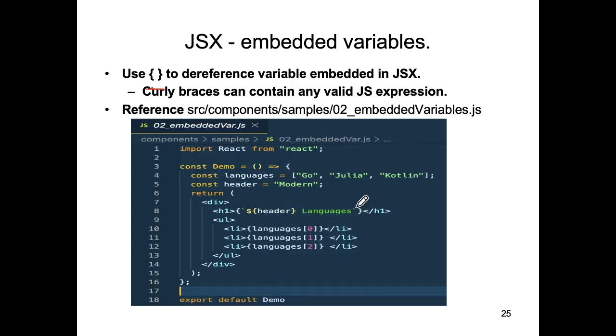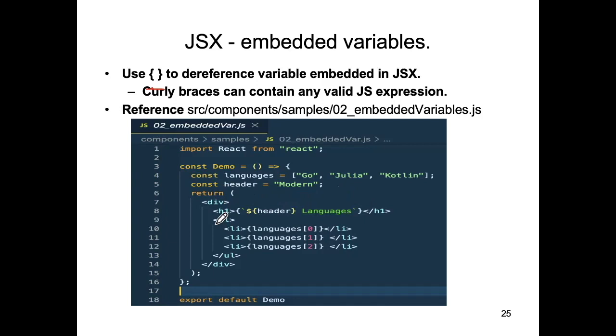Now, in my case, between the curly braces, I have a string template, and the string template is using the header variable. So if you like, the string template is an expression that first of all has to be evaluated by the runtime, and then the result of that evaluation is inserted into, well, technically, it's going to be a child of my H1.